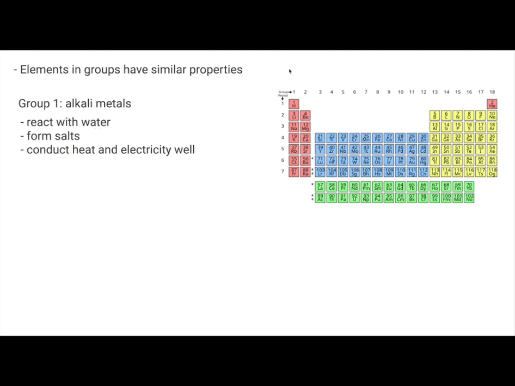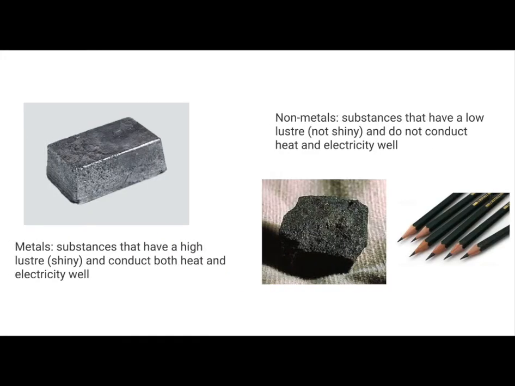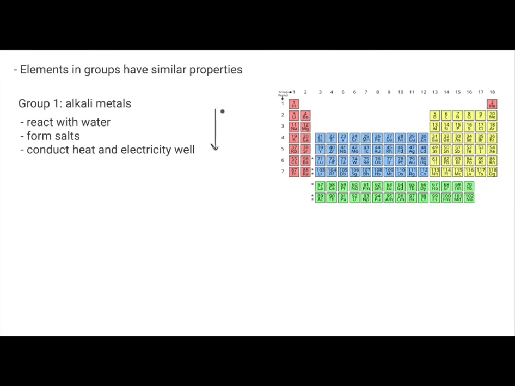So all the metals in group 1 have these properties. Now what's interesting is as you go down the group, so lithium, sodium, potassium, rubidium, cesium, francium, they become more reactive.